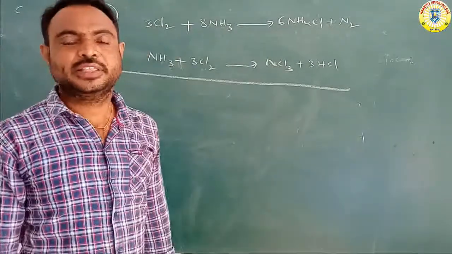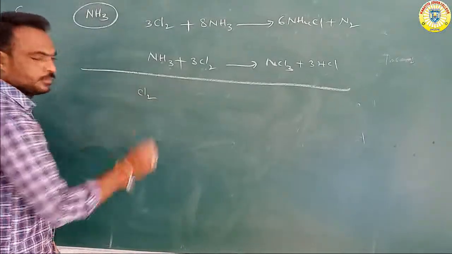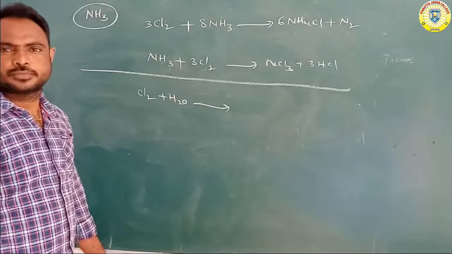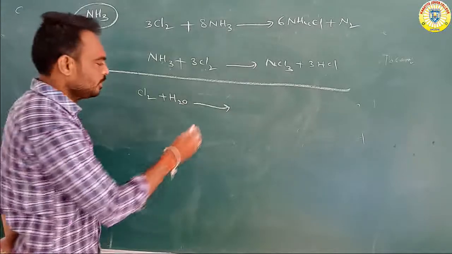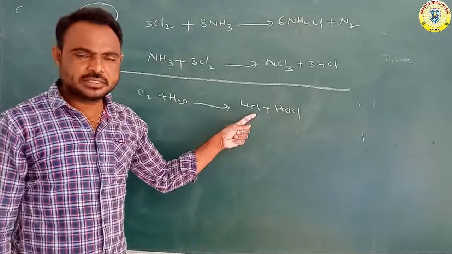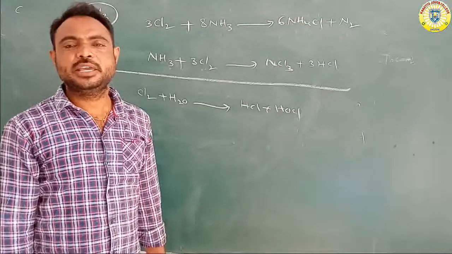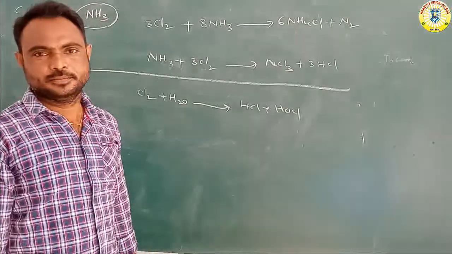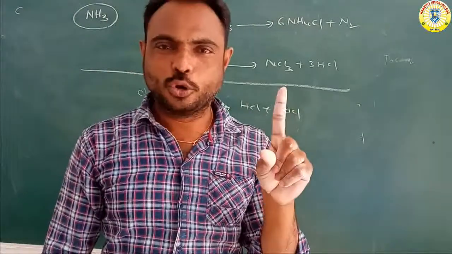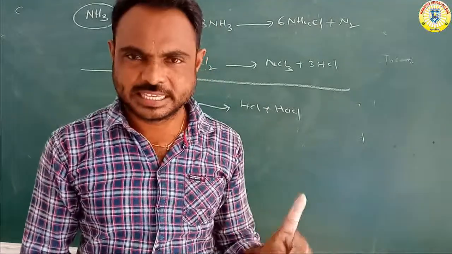Next further, chlorine gas reacts with water molecules. Suppose this chlorine gas reacts with the water molecules to form in this reaction HCl and HOCl. HCl means hydrochloric acid and HOCl means hypochlorous acid.